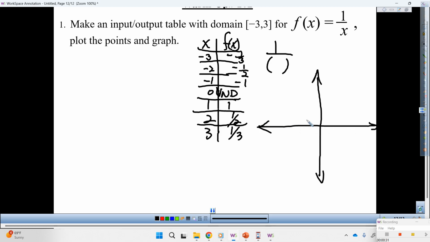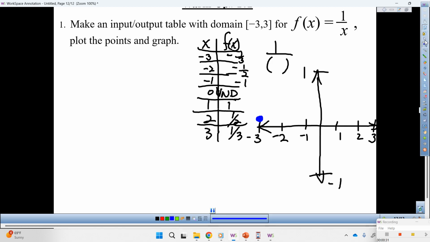Let's graph that. -1, -2, -3, 1, 2, 3. Got -1 of y down here, and +1 of y up there. We got -3, 1/3. It's about right here.